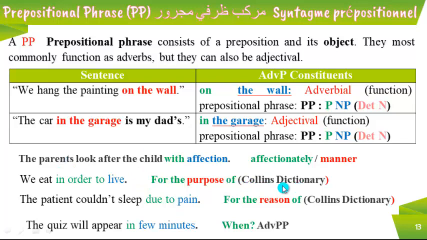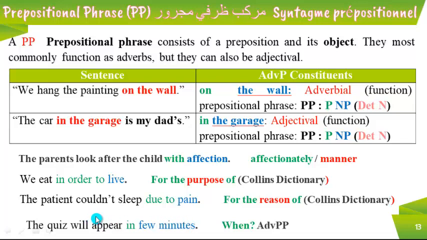In Collins dictionary, it is referred to as a preposition, and it means for the purpose of living. So in order to live, so in order is a preposition. It is a prepositional phrase.